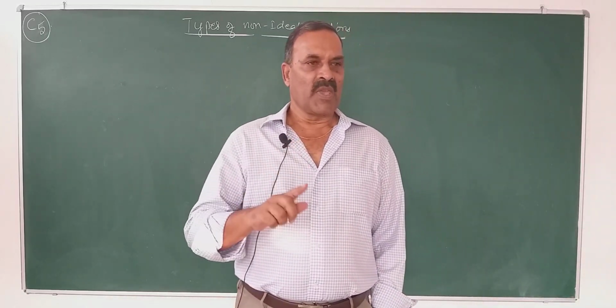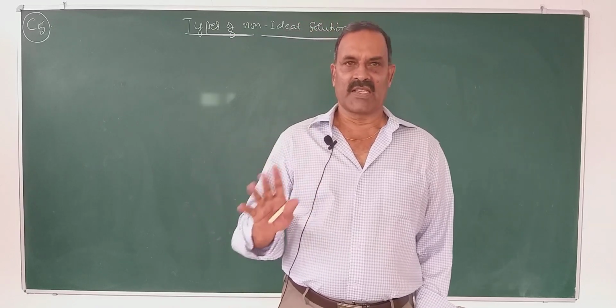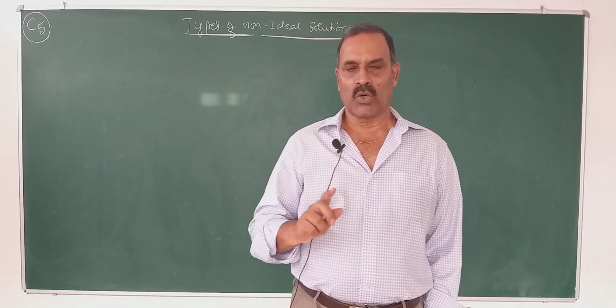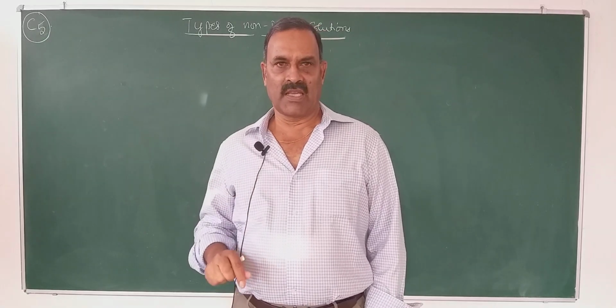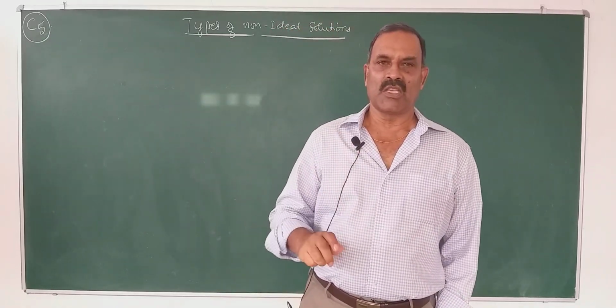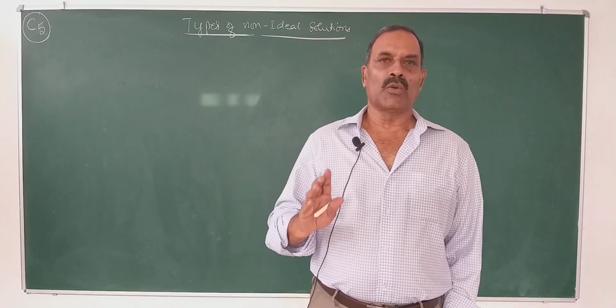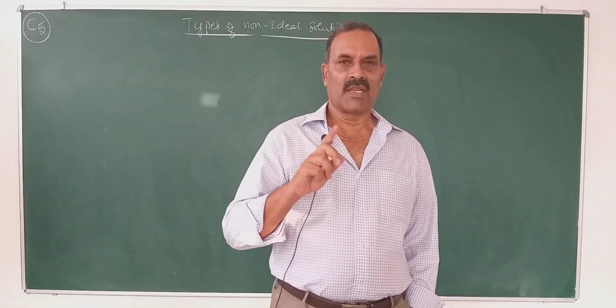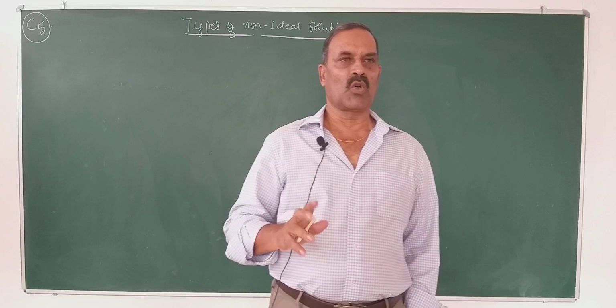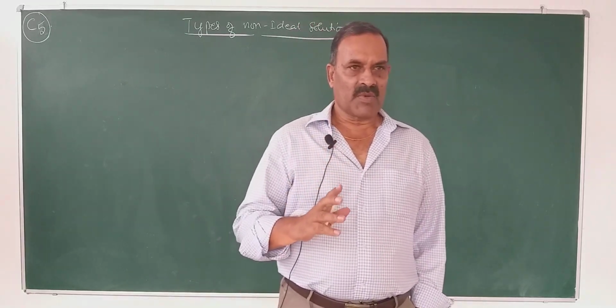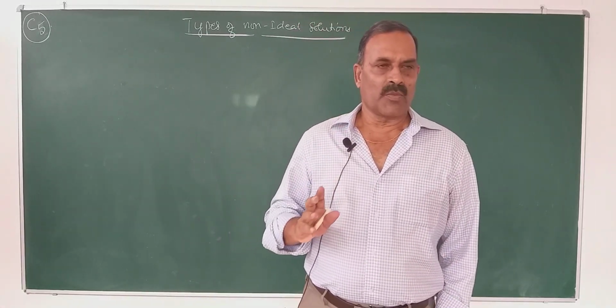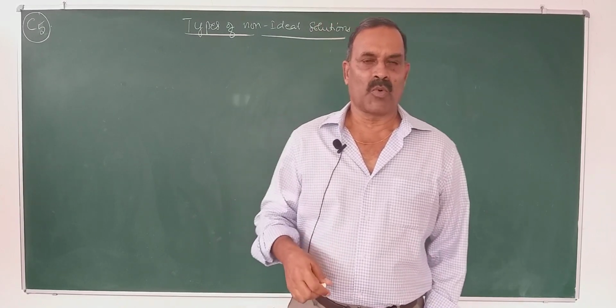That is, Pa is proportional to Xa, or Pa is equal to Pa naught into Xa. Similarly, Pb is equal to Pb naught into Xb, where X represents mole fraction, P represents partial pressure, and P naught represents the partial pressure of pure liquids.